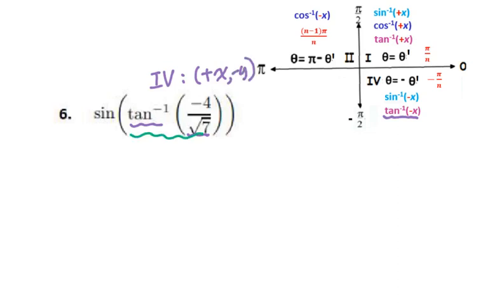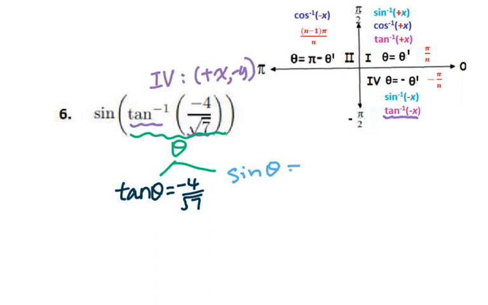Then we assume this part is a theta. You will get the two pieces of information. First of all, you know that tangent theta equals negative 4 over square root of 7. Then you are looking for sine theta equals what?